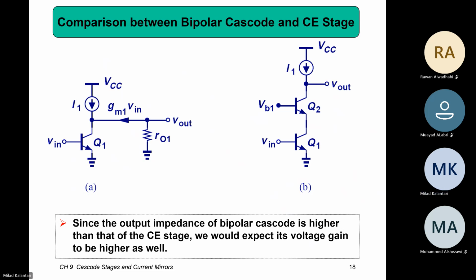So what if we try to calculate the gain for this kind of cascode section? How do we calculate the gain for this?